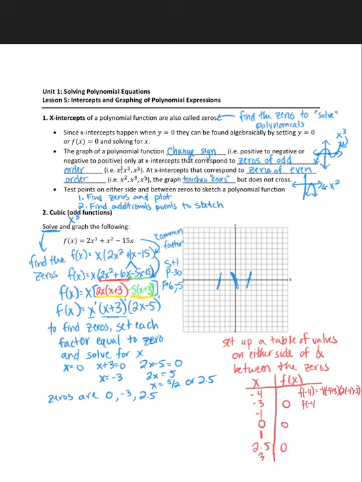So if we simplify this, we'll have -4, and then -4 plus 3 is -1, and then 2 times -4 is a -8. -8 minus 5 is a -13. So f of -4, a negative times a negative times a negative is going to be a negative, and that should be a -52. So we'll put a -52 in there.